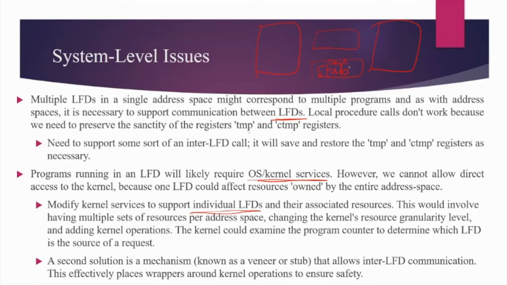Whenever we would like to access kernel services, that particular call goes via the stub. This effectively places a wrapper around the kernel operation to ensure safety. So it is the duty of the code written here to check or manage all the kernel-level operations.